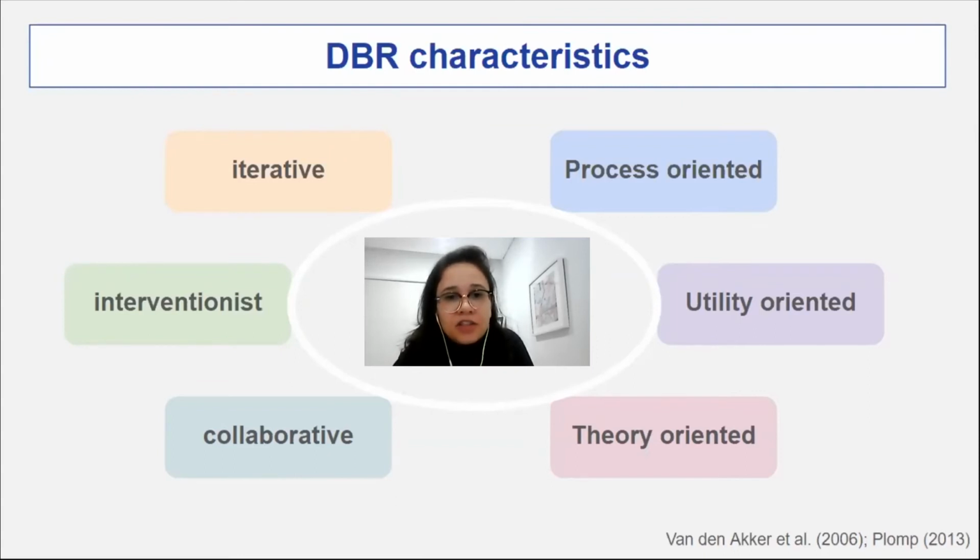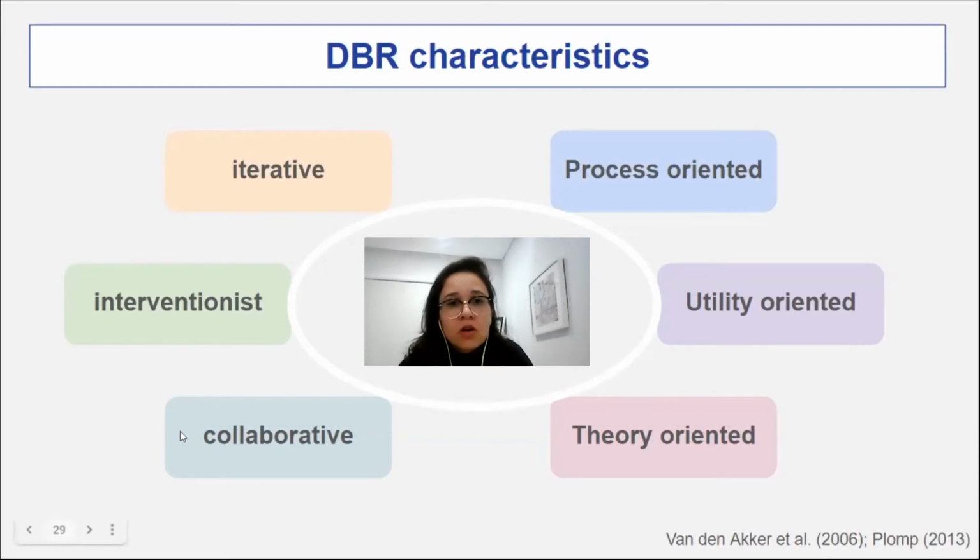They are interventionist because the research aims at designing an intervention in a real-world setting. They try to positively impact practice. As I said before, these interventions include educational products, as for example, learning materials or a game, processes, programs like workshops to support teachers, or policies, okay? And its intention is to make a real change on the ground.